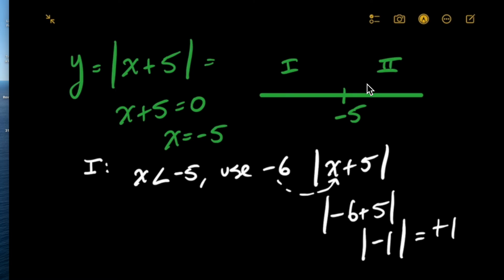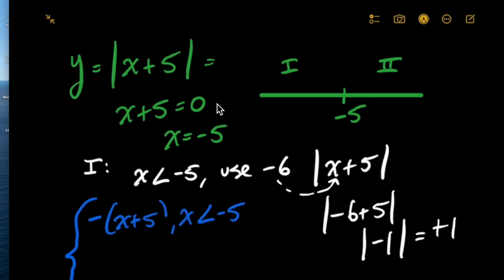So in this zone, zone 1, we have a value inside the absolute value being opposite to the final result. So for this zone, when x is less than negative 5, I'm going to build my piecewise over here. When x is less than negative 5, we're going to use the opposite of the original function.